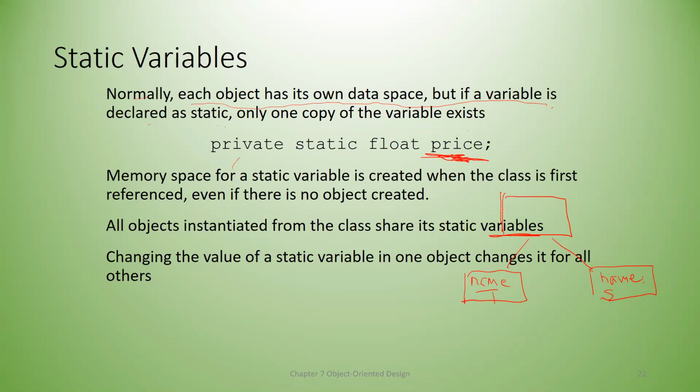So it will occupy this one space. And if you have another student object here, and this student also has a name, A, this also shares this one static variable. That's what this means. Normally each object has its own data space, like these for instance variables. But if a variable is declared static, only one copy of the variable exists. So only this one copy, and they all share this one copy.